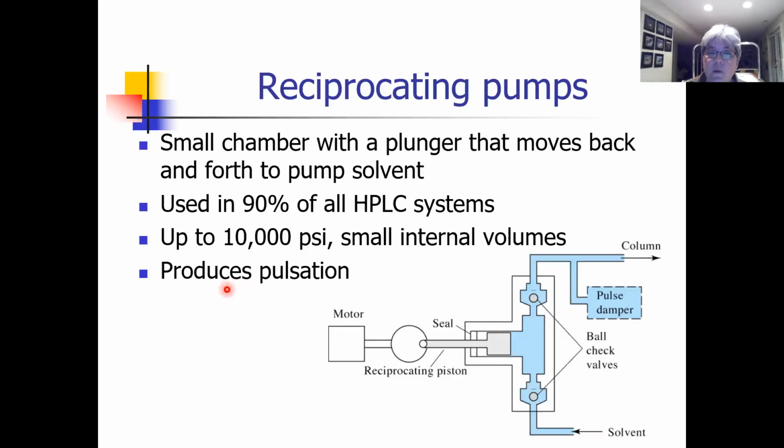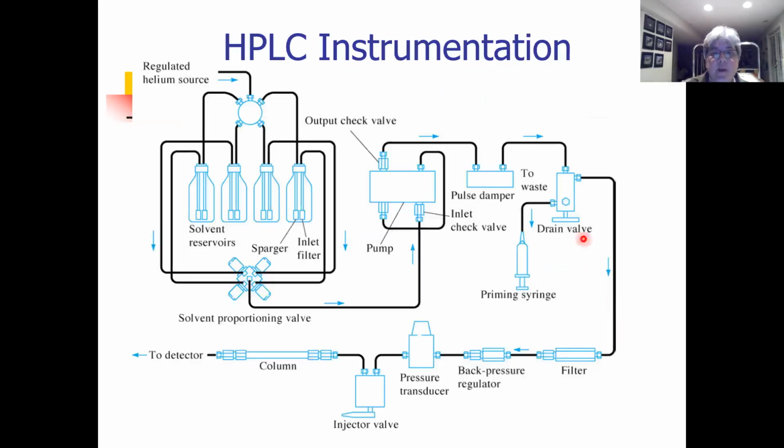But the one problem is that this does give you a pulse, because it's sucking in and pushing out, and then sucking in and then pushing out. So you get a varying flow rate. So as part of the system, you'll have something called a pulse damper. What this does is smooth out the flow rate. Okay, so that's the reciprocating pump that is located here.